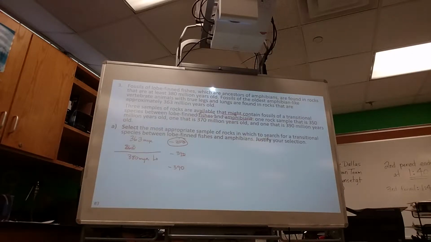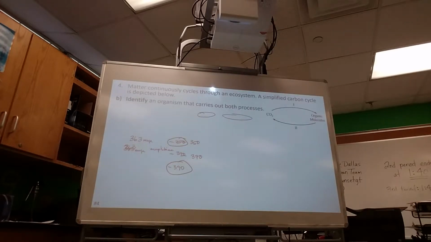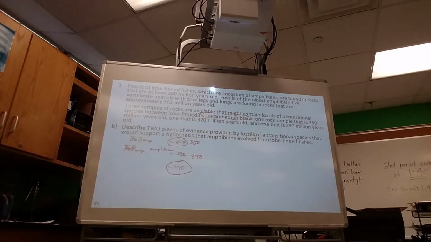No. If it's 390 million years ago, are we going to see amphibians? No. Are we going to see anything looking like amphibians? No. So we're going to cross out 390.